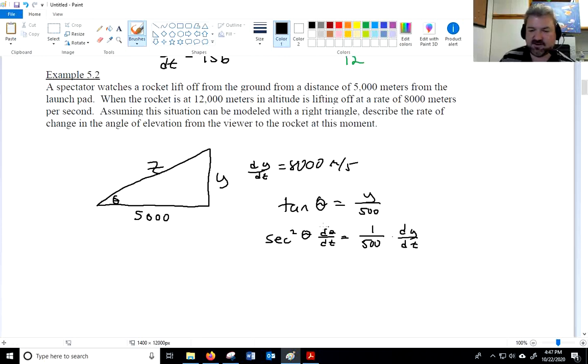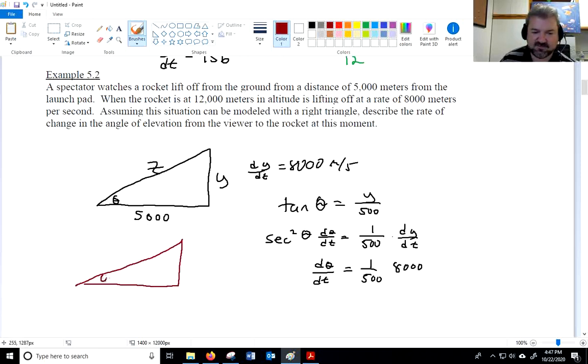All right, well, let's figure out everything we need to know. We already know that dy/dt is 8,000. We need to find dθ/dt, the rate of change in the angle. But I need to find secant squared theta. Well, we just need to use some Pythagorean theorem. So there's theta. I know that this length here is 5,000.